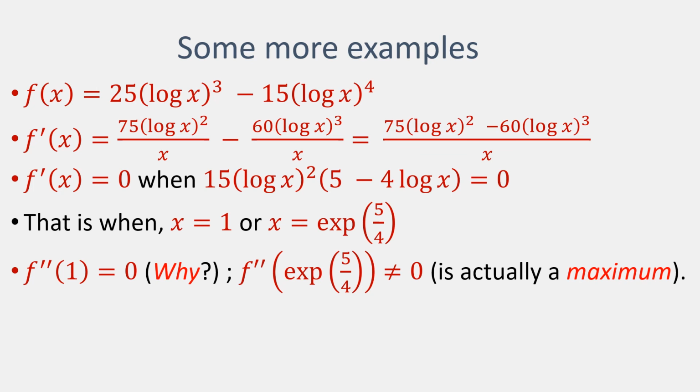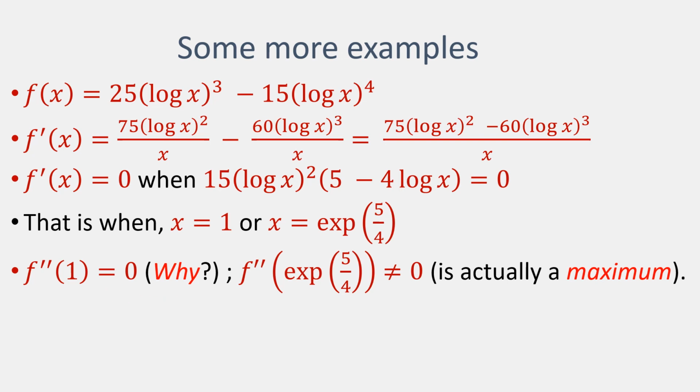So we cannot say whether it's a minimum or a maximum point. Again, I'll leave you to work out why it's the case that the second derivative in this case on the critical point 1 turns out to be 0.